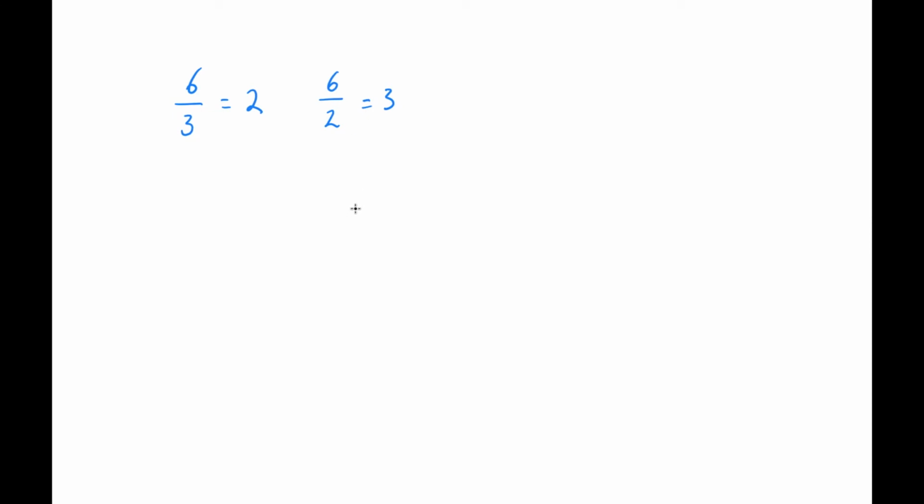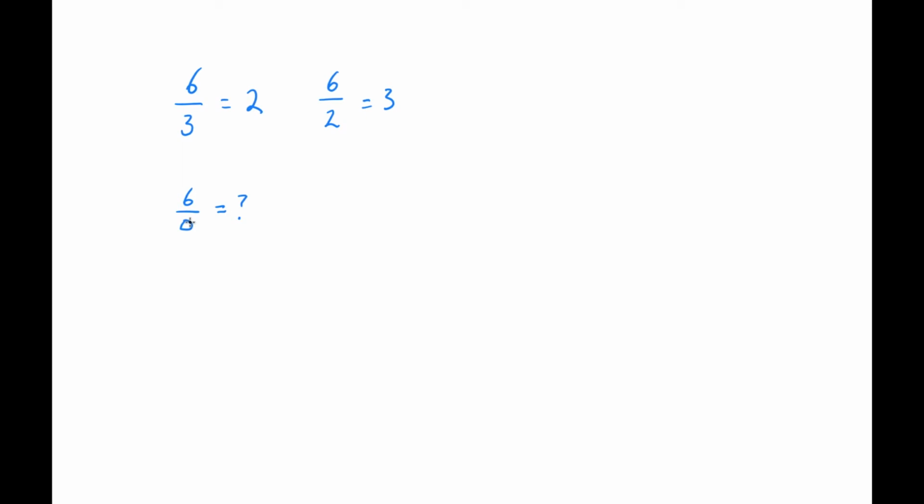We will now use the same thought process and try to decide what the result will be if we divide a non-zero number by 0. So if we say, let's say 6 divided by 0, what do we get? If we divide by 0, we're not really dividing, right?